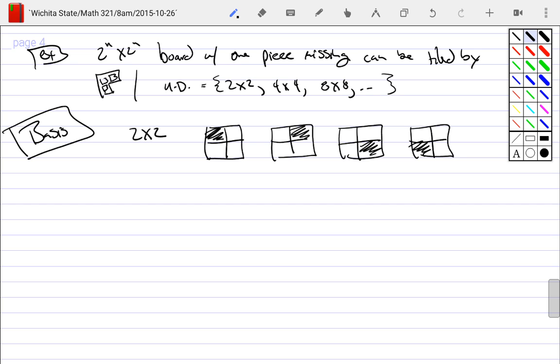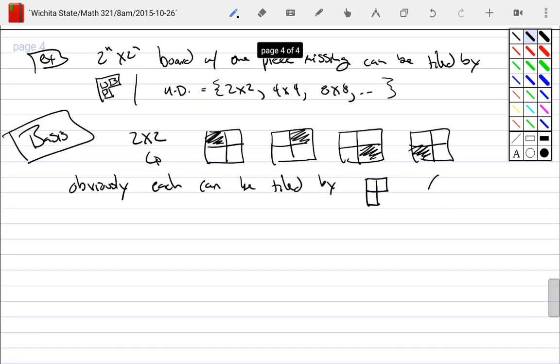There are 4 objects in my basis. Can all of these be tiled by an L-shaped piece? Yes, and obviously each can be tiled by that. Is everybody okay with that? So this is obviously true.